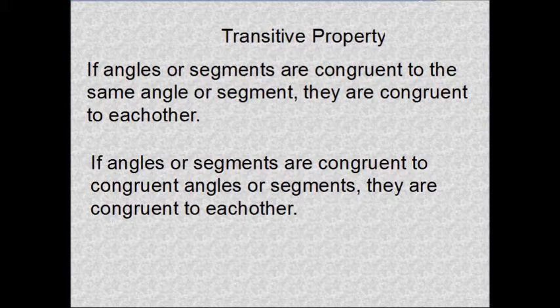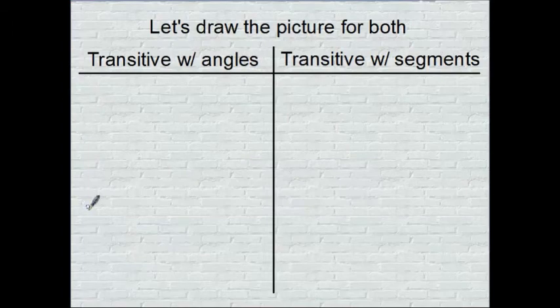Oftentimes when I think about the transitive property, I also refer to this as the cross-out property. They're the cross-out properties not between complementary and supplementary, like we saw earlier in the chapter, but between congruency statements. Okay, so let's draw pictures for both transitive with angles and transitive with segments.